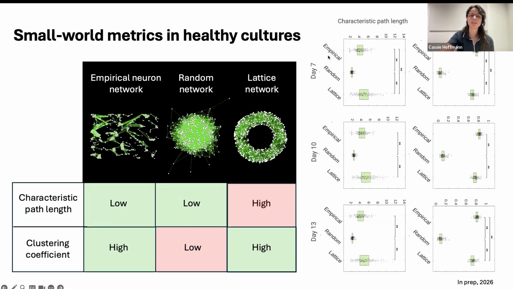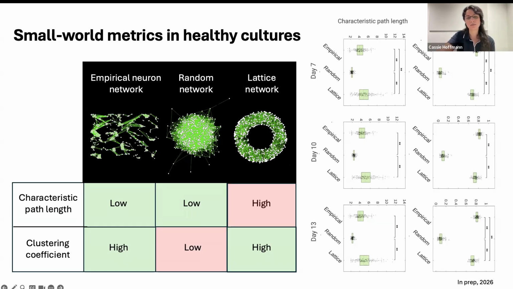I have quantified these small world indices for the first 3 time points in the culture, so day 7, 10, and 13. That's because when you get networks that have an edge density of over 40 or 50%, the small world indices can actually lose their sensitivity, and we were actually finding that in the mature cultures.